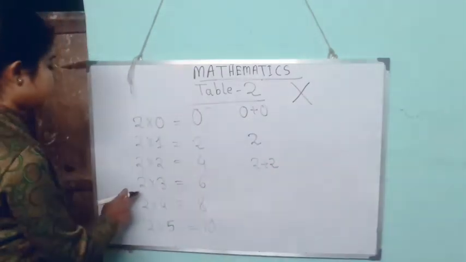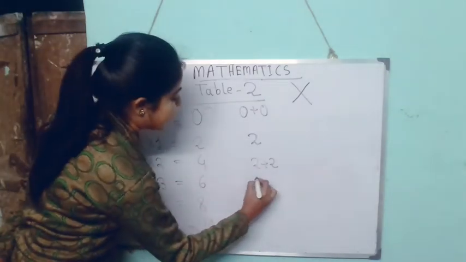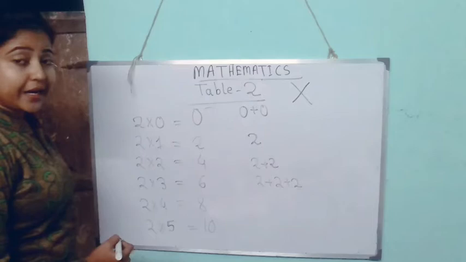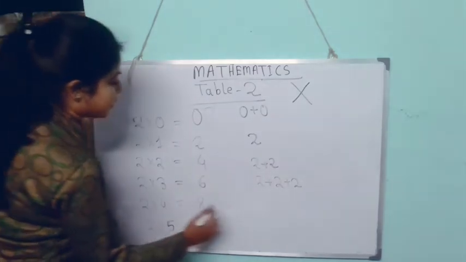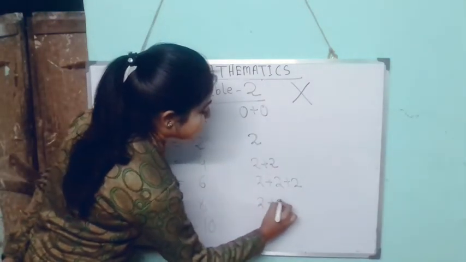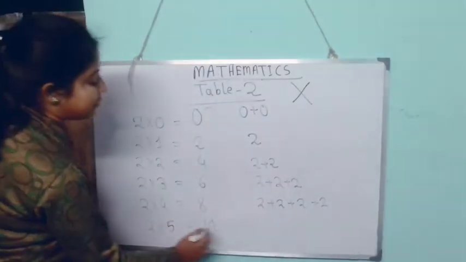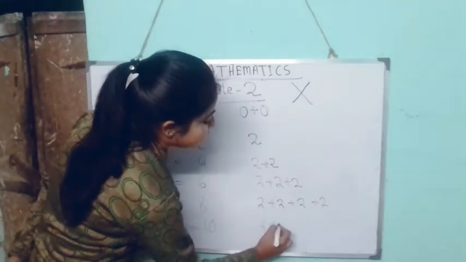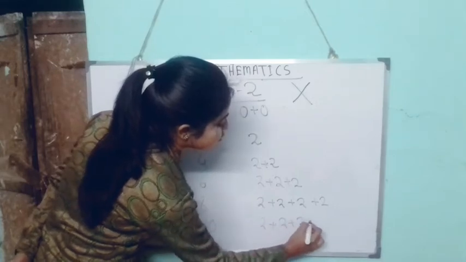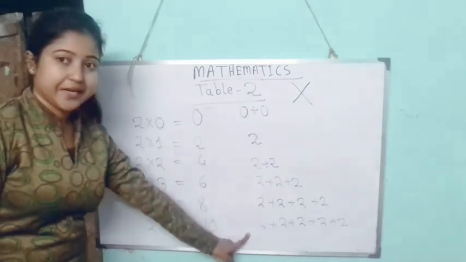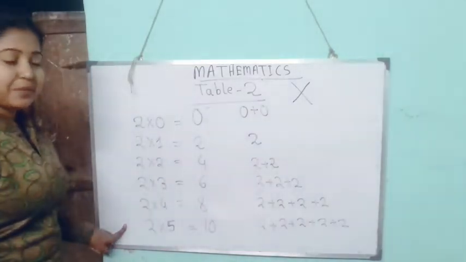Then 2 into 3, 3 times, 2 plus 2 plus 2. Here 2 times 4, that means 2 plus 2 plus 2 plus 2. Here 5 times, 2 plus 2 plus 2 plus 2 plus 2. This is repeated addition, and this is the multiplication.